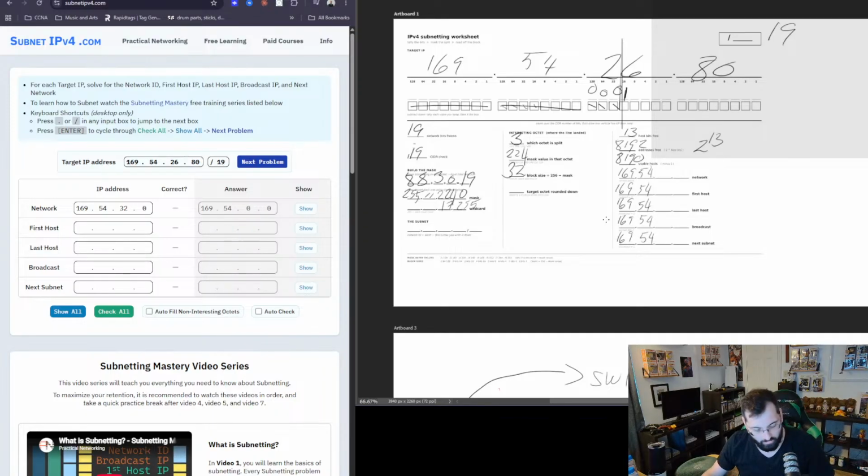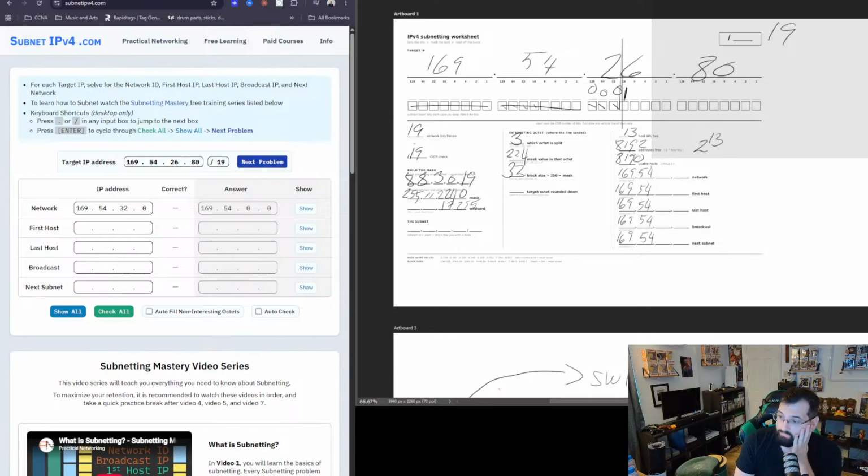All right, we're asking. Since 0.26 is in that range from 0.0 to 0.31. So 0.0 to 0.31 is the first network, and 0.32 to 0.63 is the second network. So, okay, I'm following you.